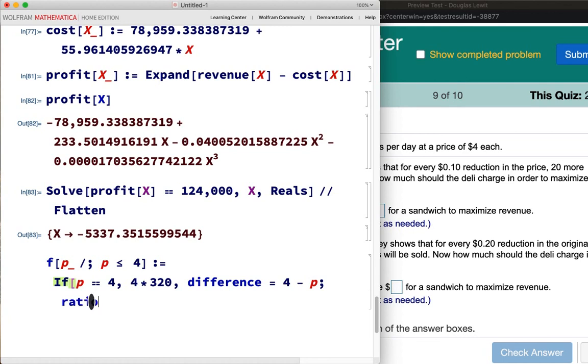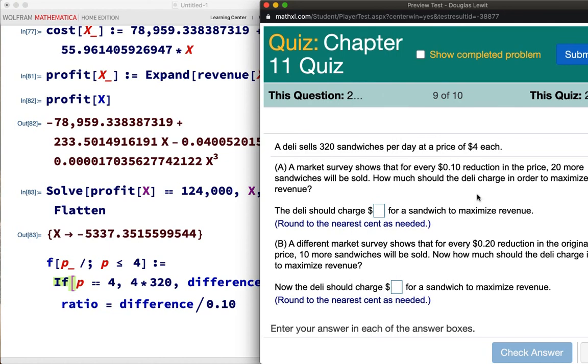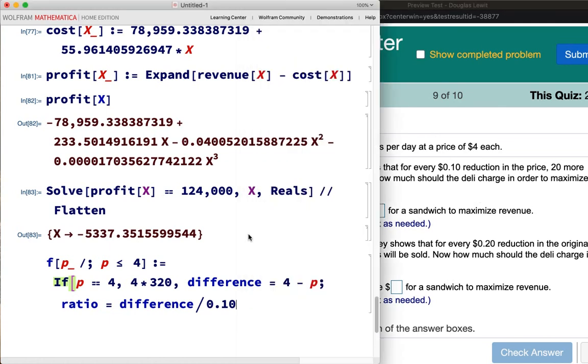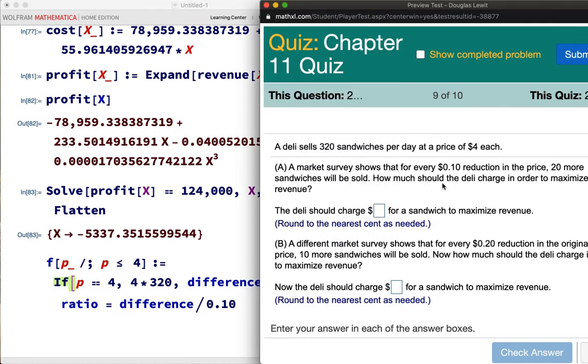And the ratio will be the difference divided by 0.10. So the difference is going to be 4 minus the amount of money that I'm actually charging for the sandwich. The ratio is the difference divided by 0.10.